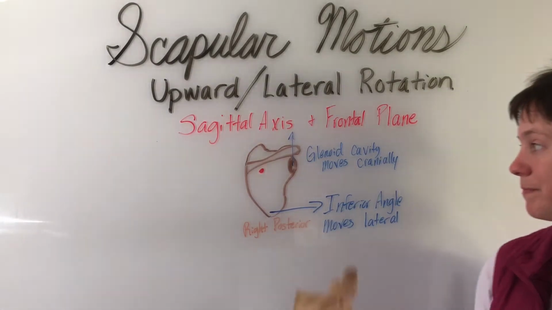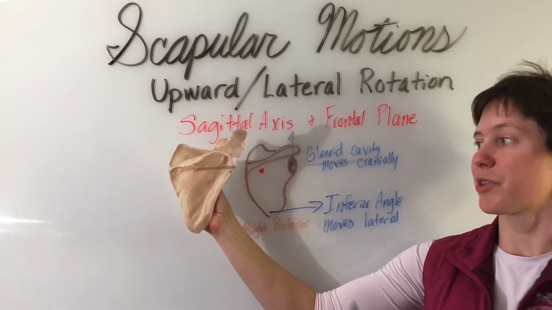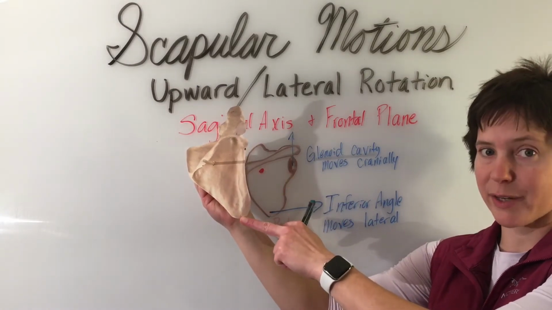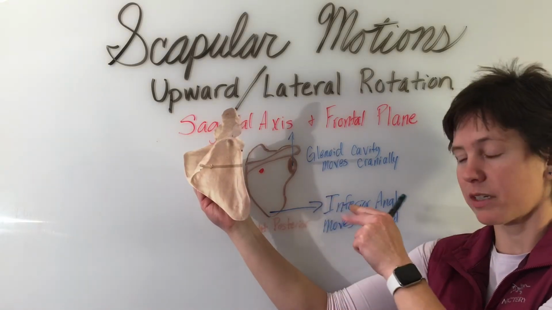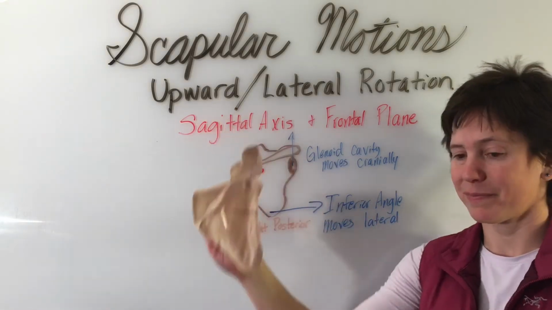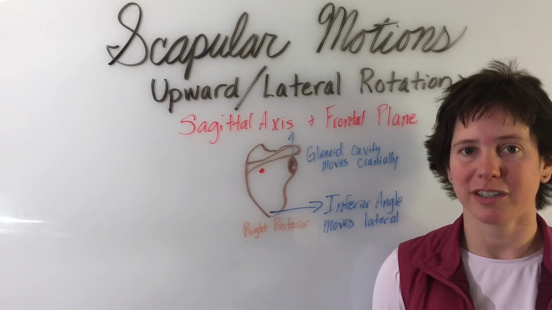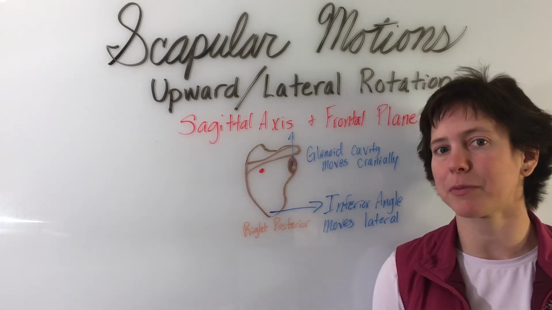So once again, on our model, the glenoid cavity will move cranially, and at the same time, the inferior angle is moving laterally.